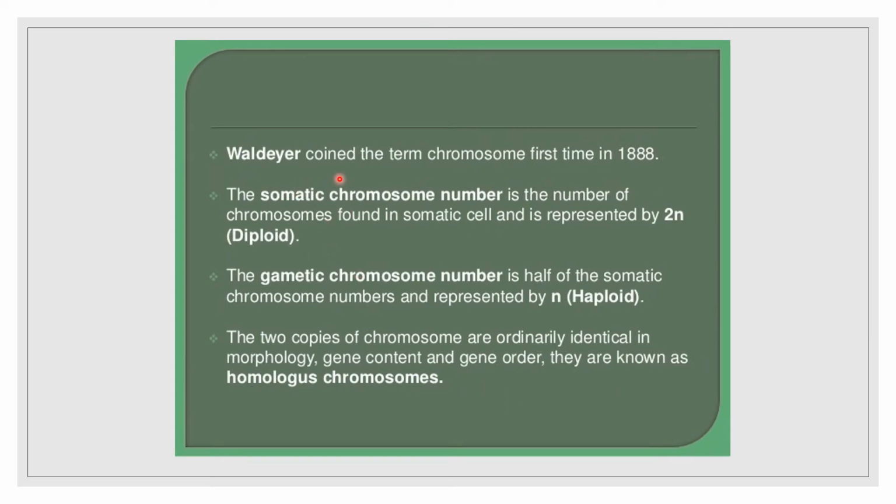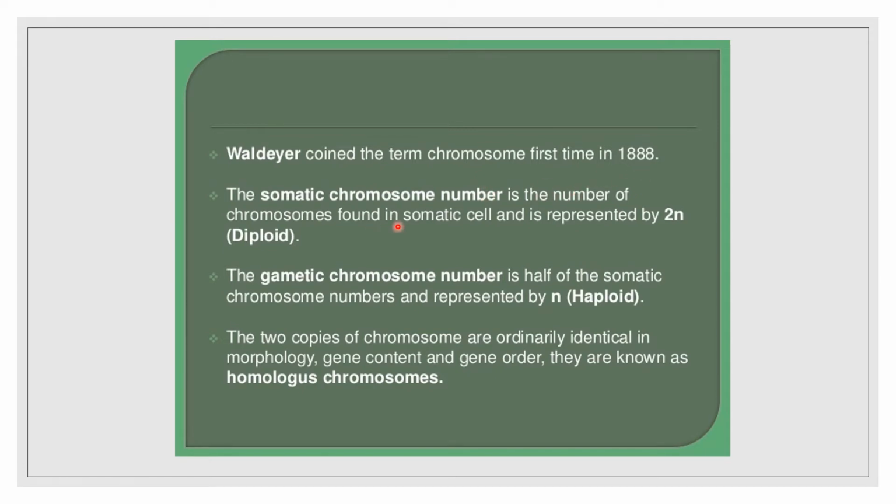Waldeyer coined the term chromosome for the first time, but Strasburger was the one who came forward with the thread-like structure. The name chromosome was coined by Waldeyer in the year 1888.